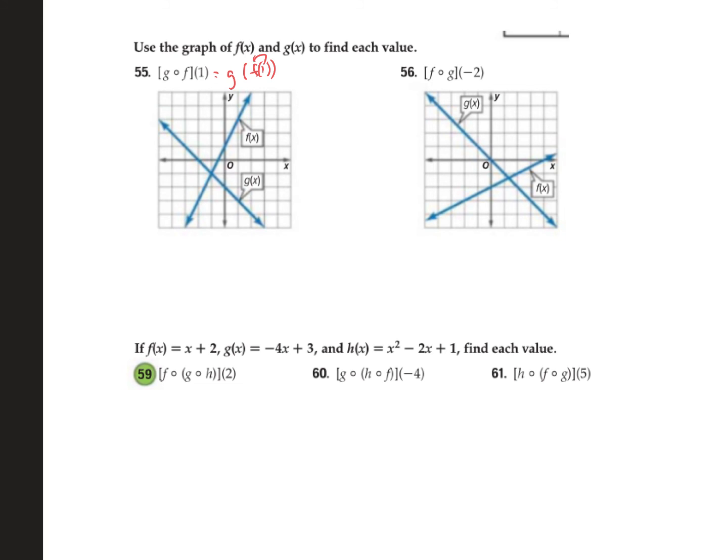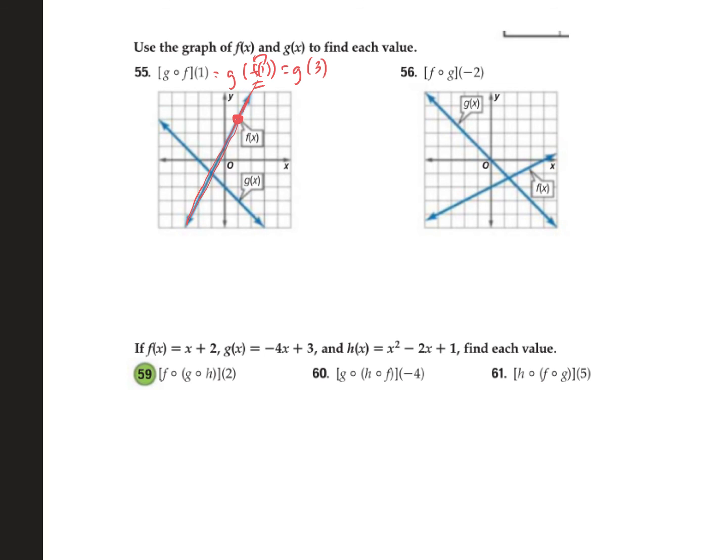Now, normally if I had an equation, I'd plug it in for the x's, or if I had a set of points, I'd look for an x value of 1. I have a graph here. So instead, I want the y value on f of x, which is this graph, when x is 1. So when x is 1, it's that point right there. The y value is 3. So that means f of 1 is 3.